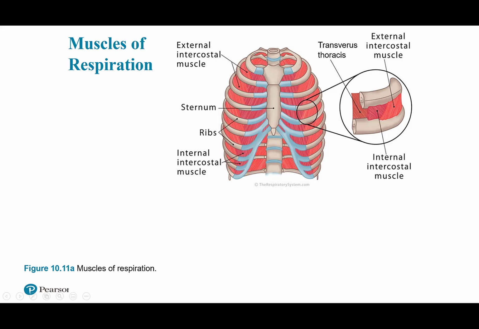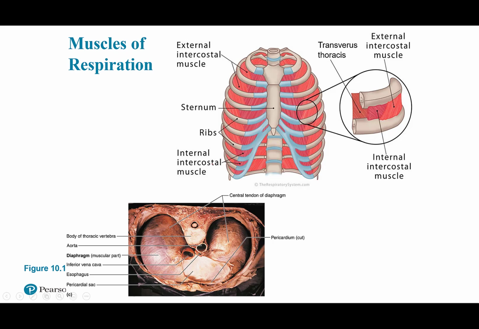they are going to help you elevate your thoracic cage, to increase the size, to draw air in. Basically help you breathe. The other very, very important muscle that helps you breathe is the diaphragm, which is this guy here.